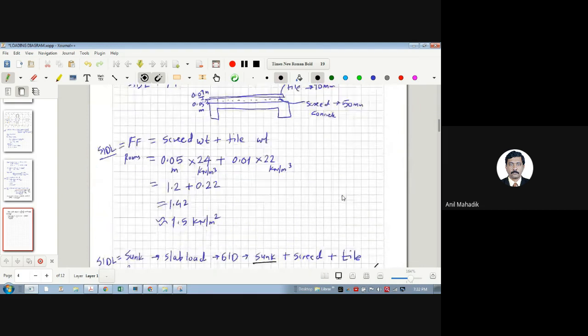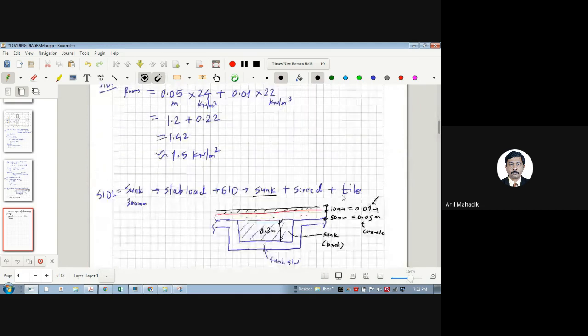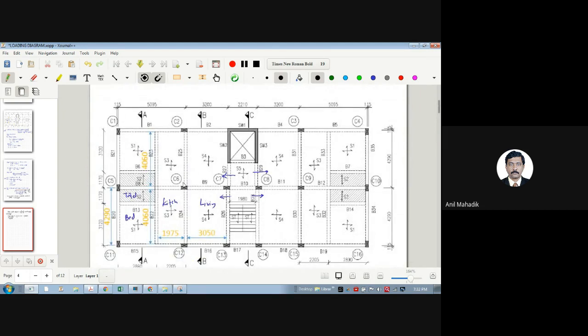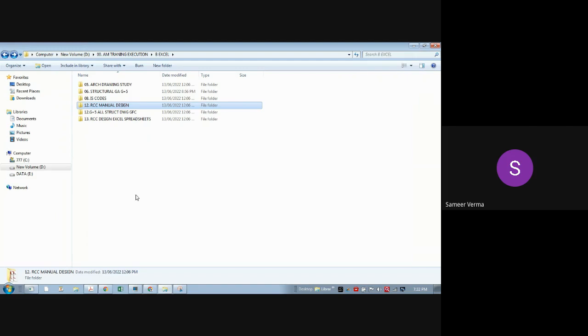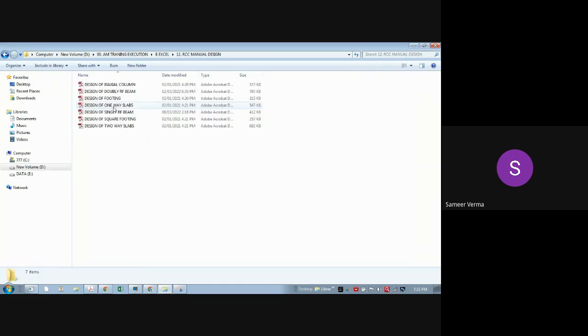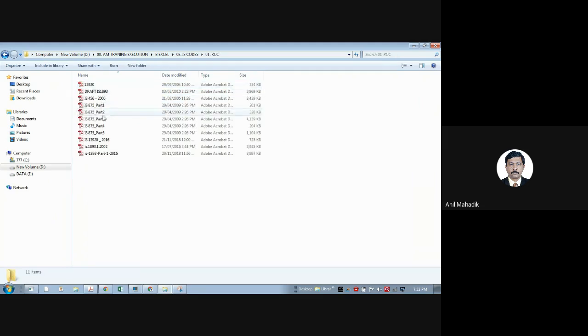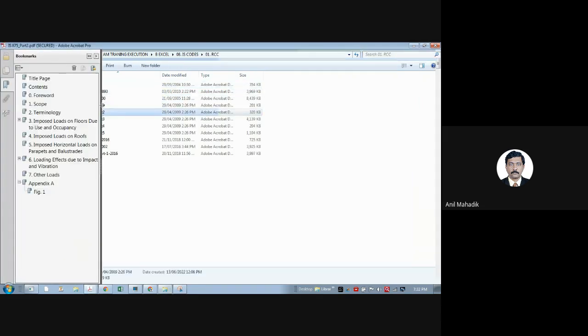How much live load will come on the slab? We will write it down here itself. Taking it from the plan, what will it be for the living room? How will you get this? Living room, kitchen, toilet, bed. What are the live loads? IS 875 part 2. So let's go into the IS codes, part 2 of IS 875.